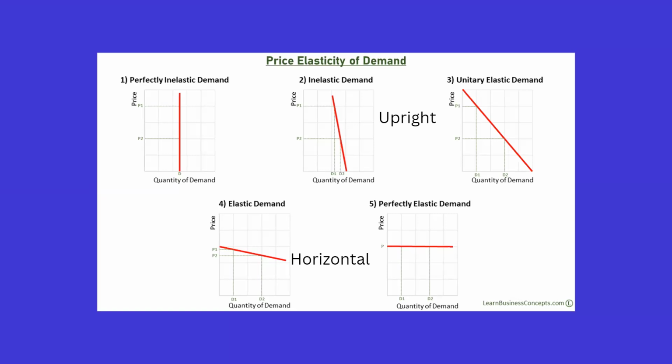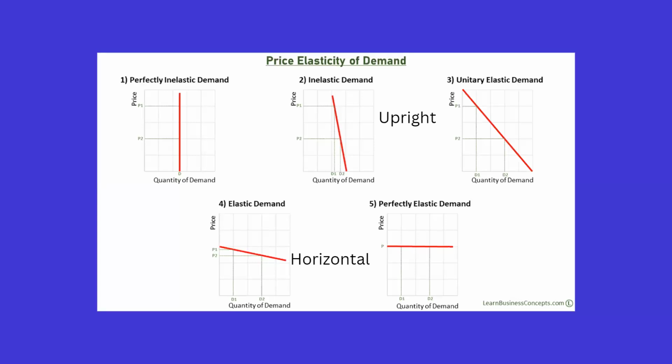If we have elastic demand, then a small change in the price may set off a larger change in the quantity of demand. And if we have inelastic demand, then a big change in the price may set off only a small change in demand.